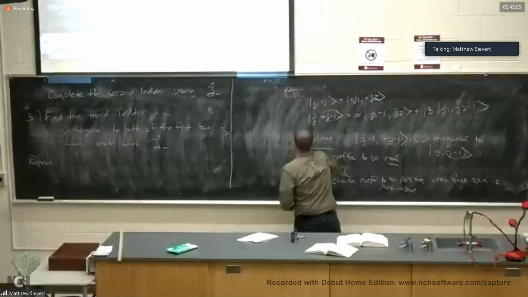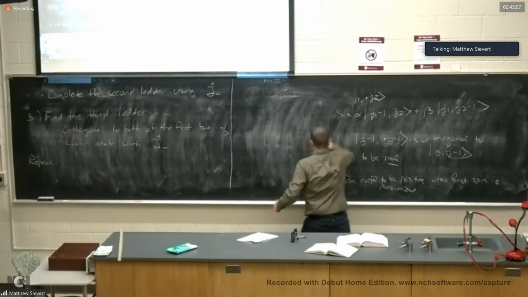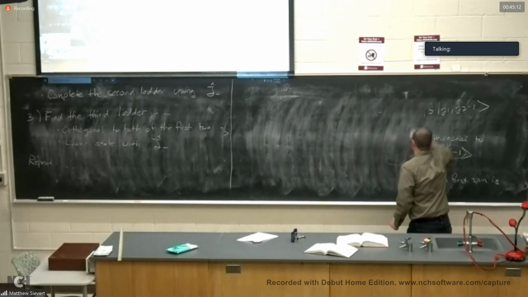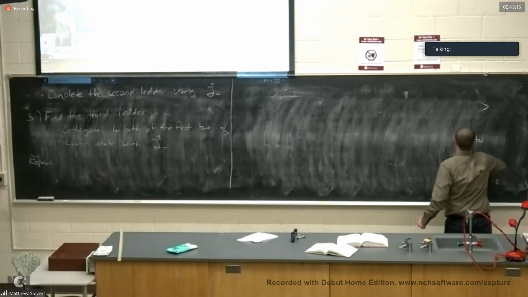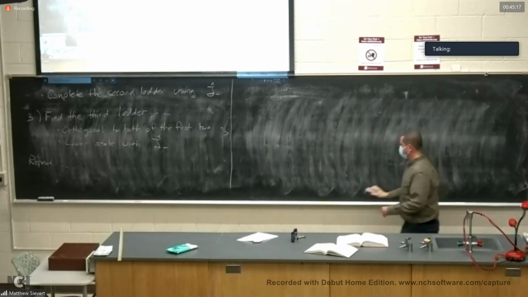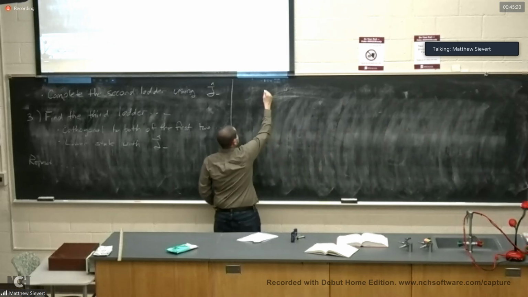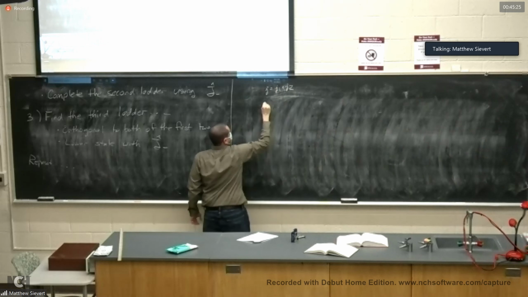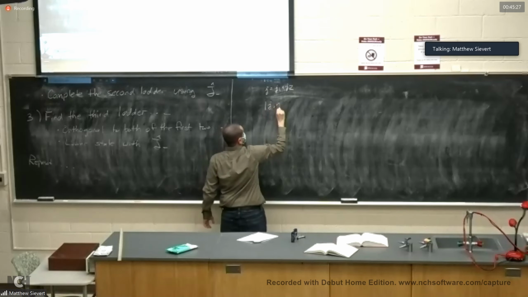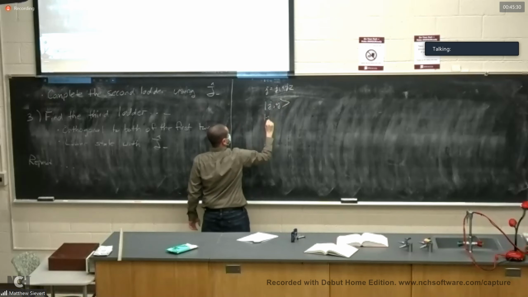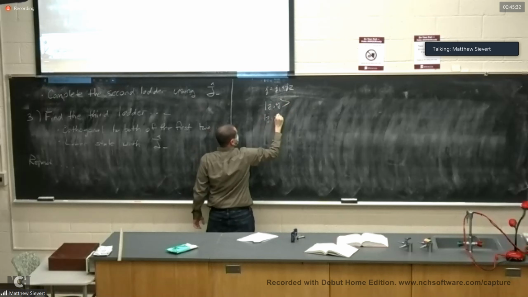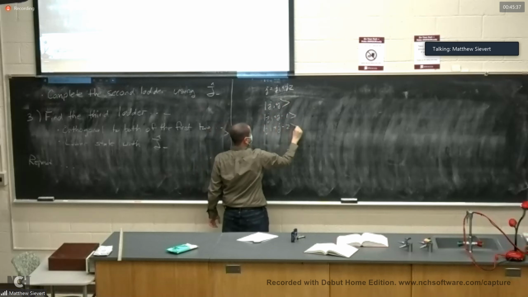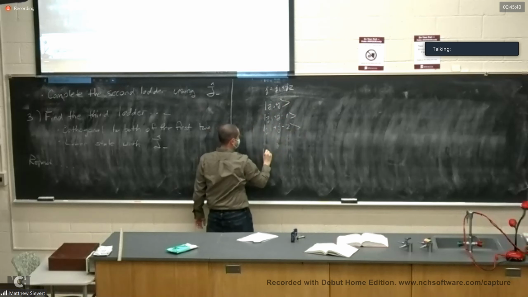So if I try to draw a picture associated with this, the overall result looks like this. I have the biggest ladder, which has J equals J1 plus J2, and I've got a whole ladder of states. J plus J, J plus J minus 1, J plus J minus 2, on down the line.